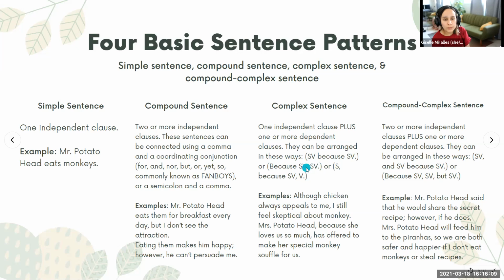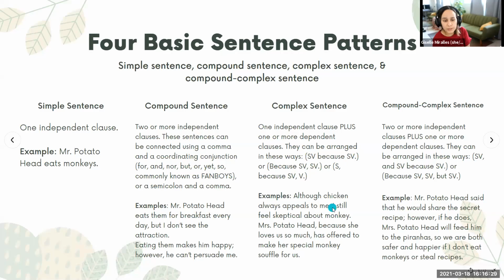What this would actually look like is, "Although chicken always appeals to me, I still feel skeptical about monkey." So this comma right here, everything before it is a dependent clause, right?